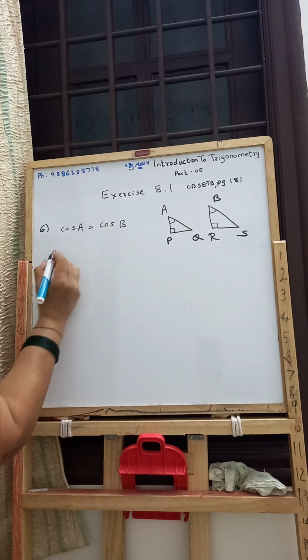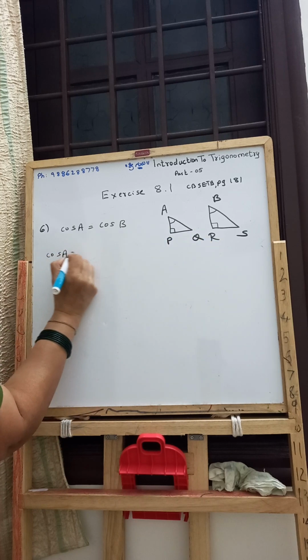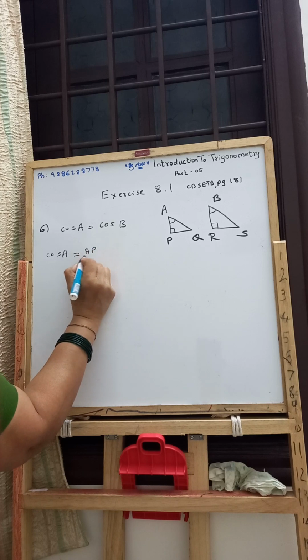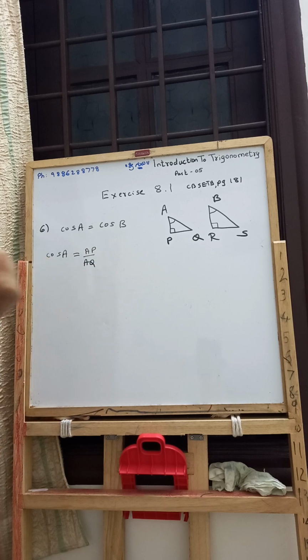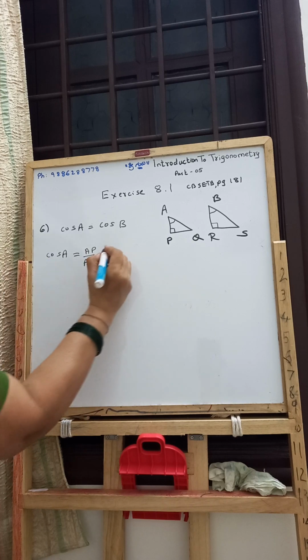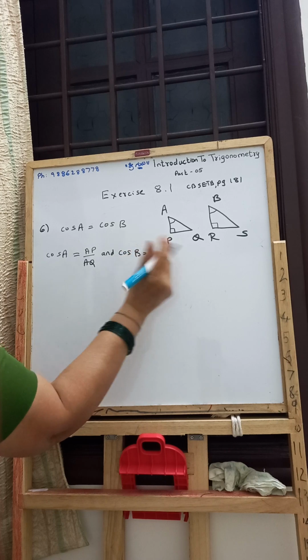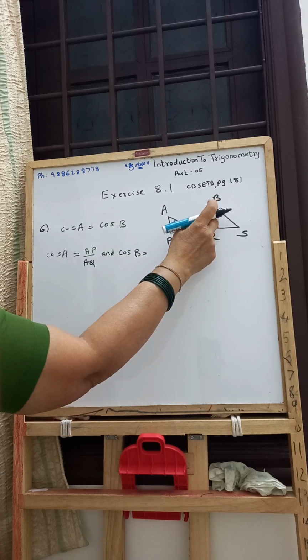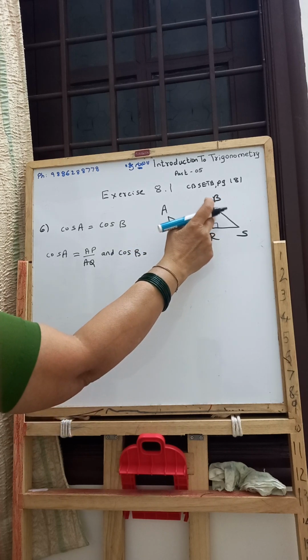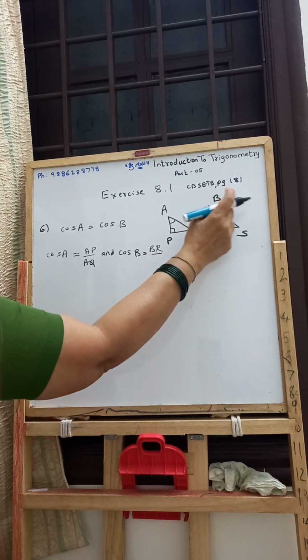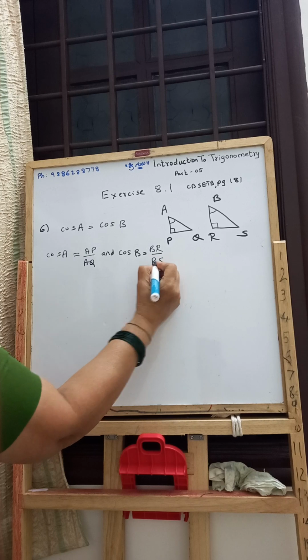In these two triangles, we have cos of A is equal to adjacent side, it is AP divided by hypotenuse, it is AQ, and cos B is equal to, this angle B, and the side adjacent to this angle B is BR divided by hypotenuse BS.